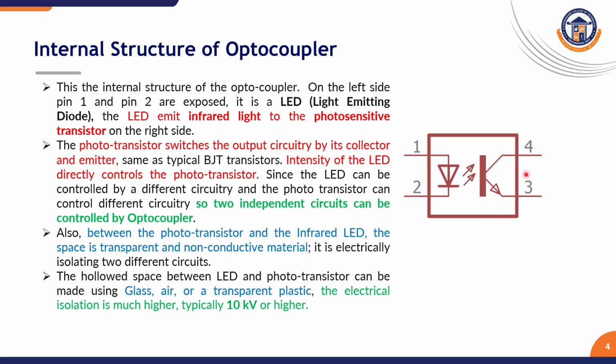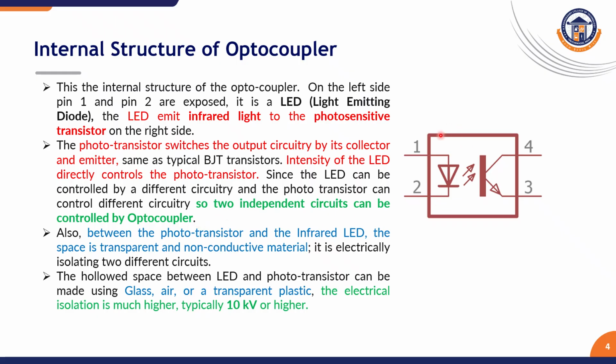The phototransistor switches the output circuitry by its collector and emitter. The intensity of the light from the LED directly controls the phototransistor. The LED can be controlled by a different circuitry, called the input circuitry, and the phototransistor controls the output circuitry. So two independent circuits can be controlled by the optocoupler.